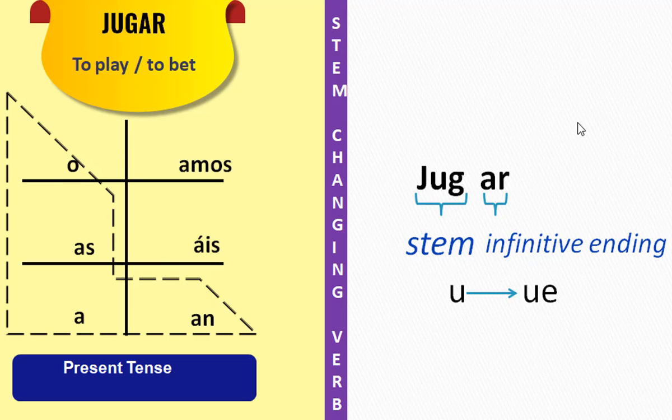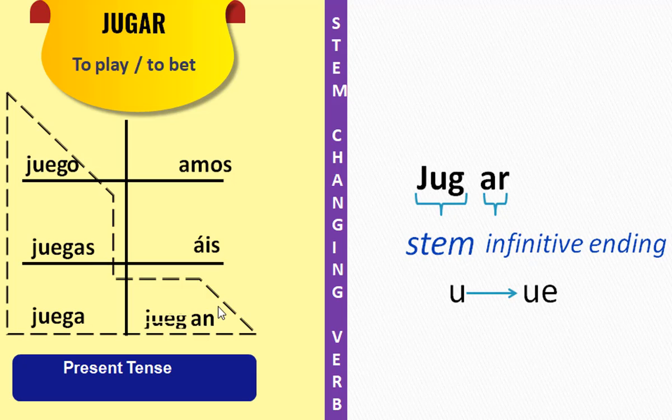So let's try to form the conjugations. I play. U changes to ue, and we have this hard G. Juego, I play. You play, juegas. He plays, juega.